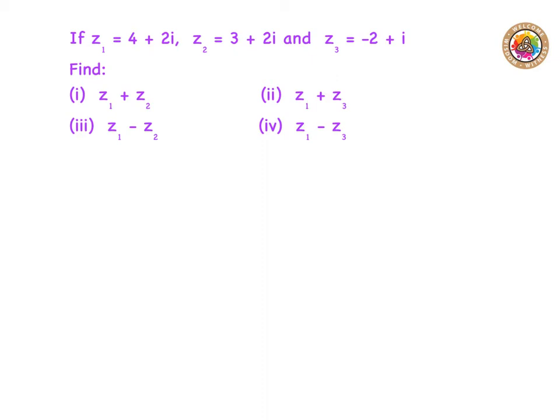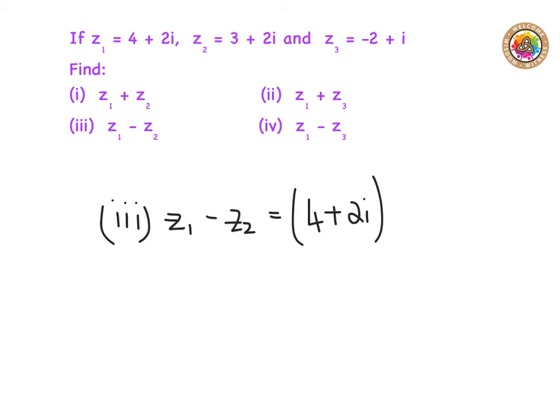We are going to look at now part 3, z1 minus z2. So here I have z1 minus z2, and that's equal to, well, z1 is 4 plus 2i, and same as before, I'm putting it in brackets. Now I have, very importantly, my minus sign here, and then z2 is 3 plus 2i.